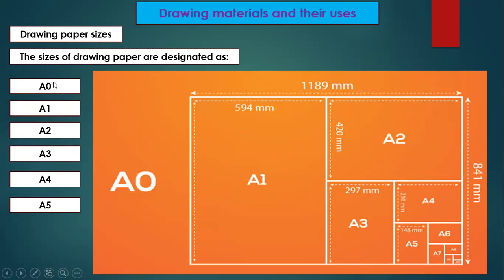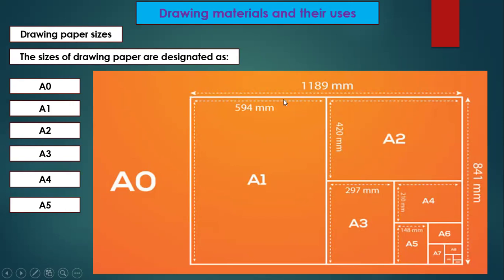These are the various sizes of drawing paper. The diagram that we have here is showing us the various sizes. Now, A0 is the largest among all these sizes, and from A0 we can bring out other sizes of drawing paper.